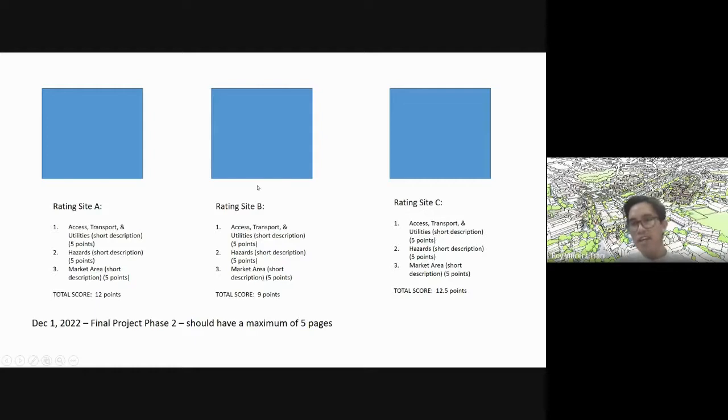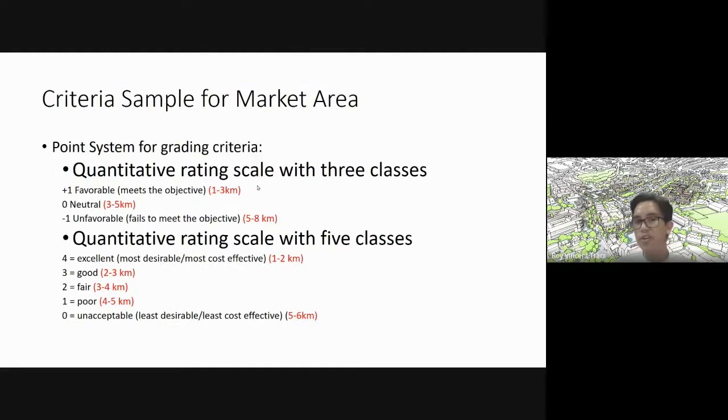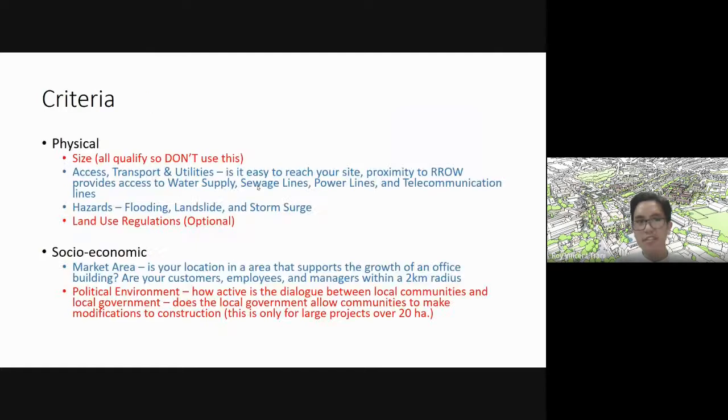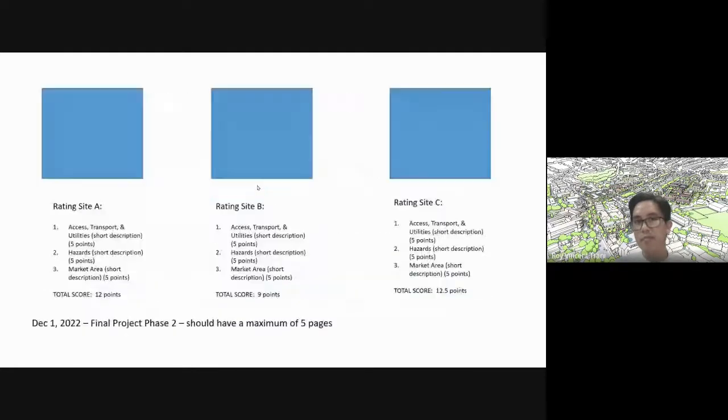This way, bias is eliminated, and you're choosing a site in a rational or scientific way, assigning points to your objective. It's more objective-based site selection, and not just liking the site because I'm familiar with it. The site selection process eliminates bias and helps you make a more data-driven, informed decision when you choose your site.